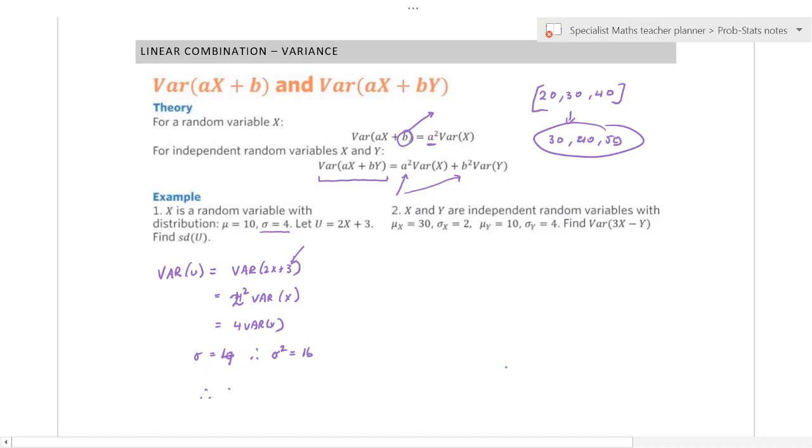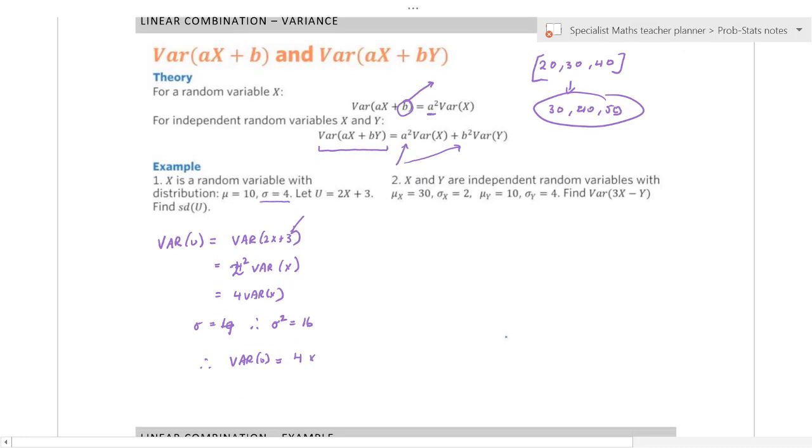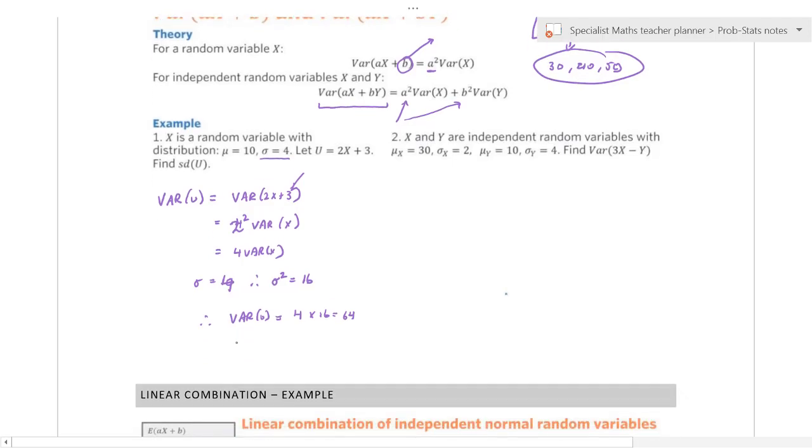So therefore, the variance of U is equal to 4 times 16, which is 64. Now, therefore, we can say that the standard deviation of U is the square root of the variance, which is the square root of 64, which is equal to 8.